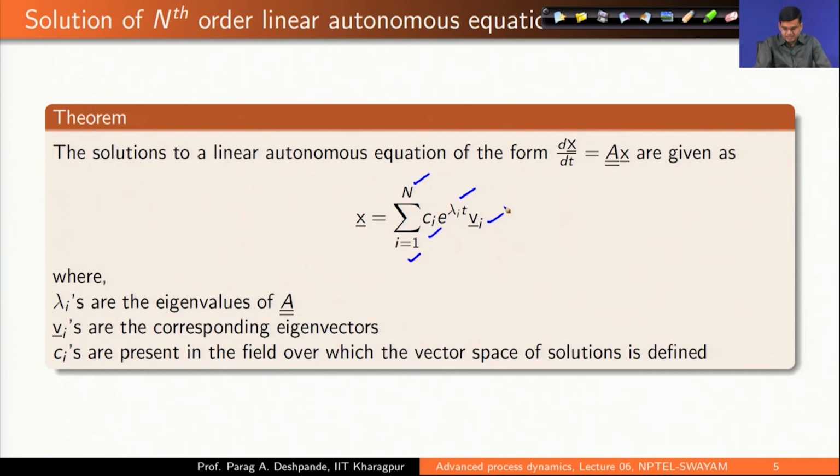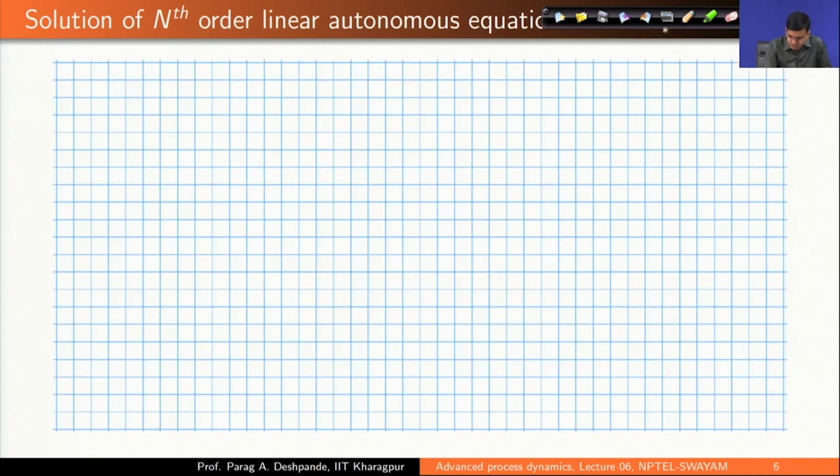Can we see whether this is in fact the case always? Let us see. So, we have the equation which is given as dx under bar by dt is equal to A double under bar x single under bar.